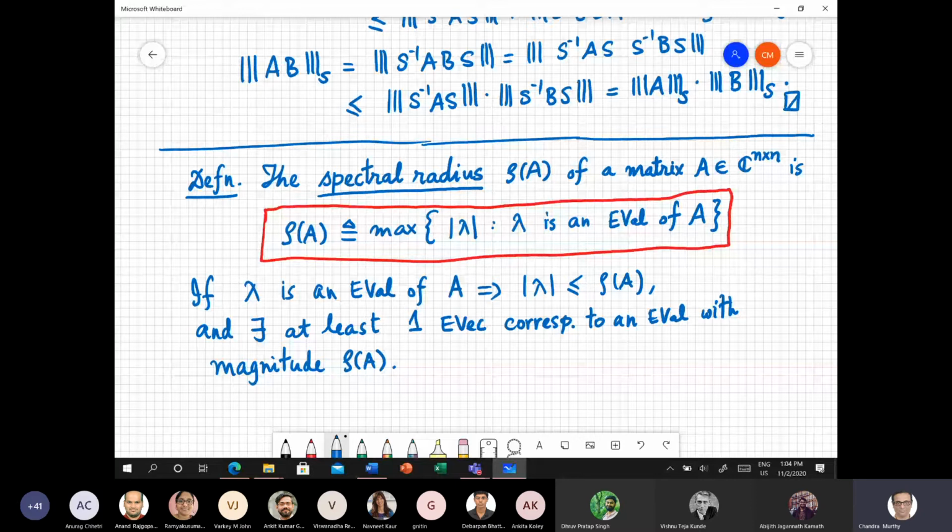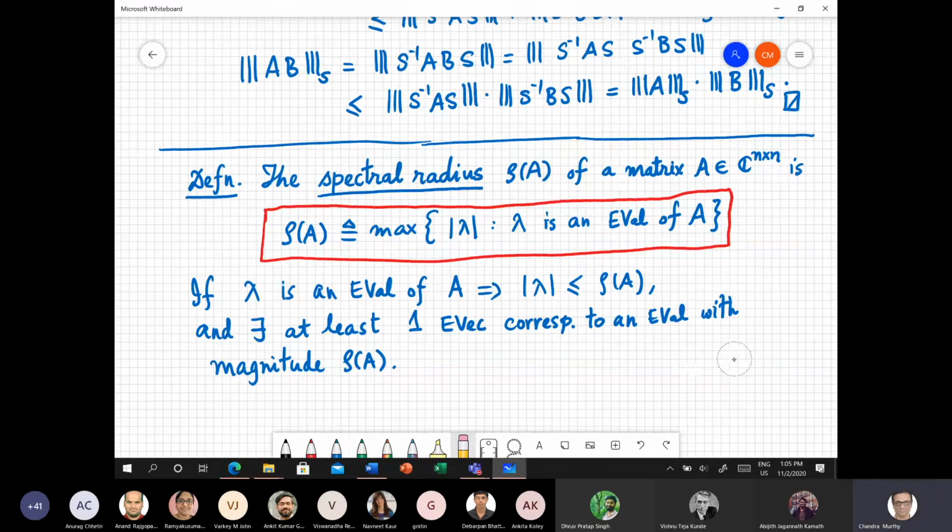But corresponding to every eigenvalue there's always at least one eigenvector, because by definition, an eigenvalue-eigenvector pair satisfies the equation Ax equals lambda x. If you can't find an x such that Ax equals lambda x, then that cannot be an eigenvalue of the matrix.